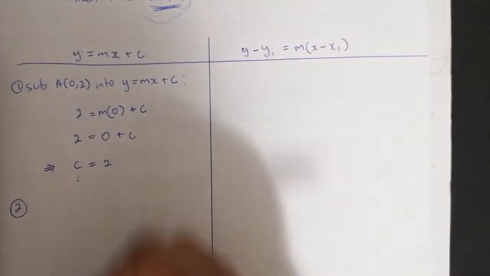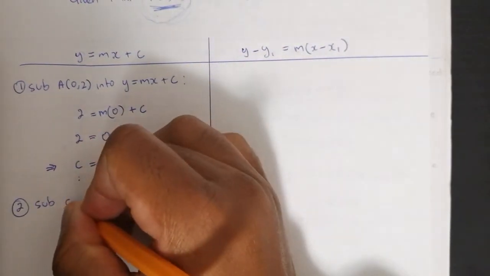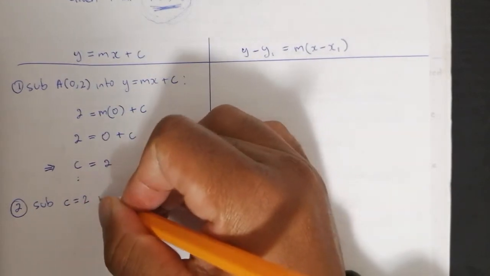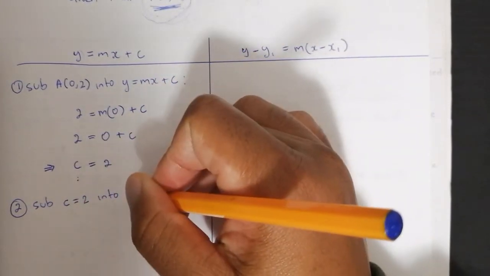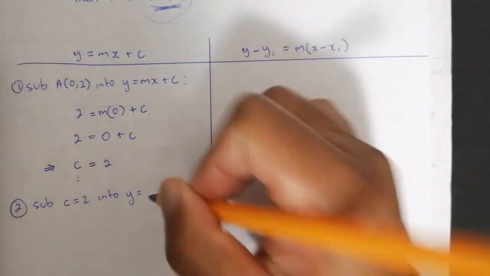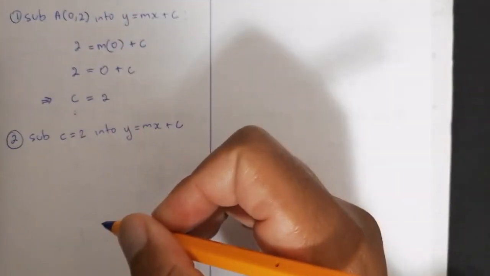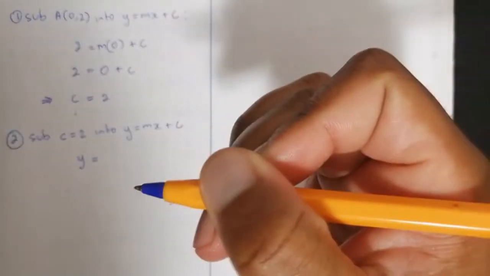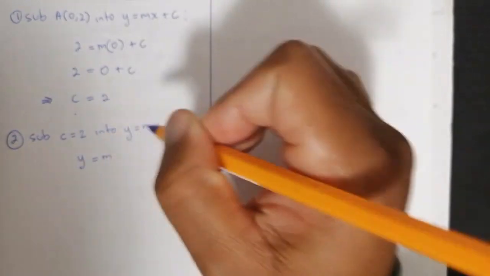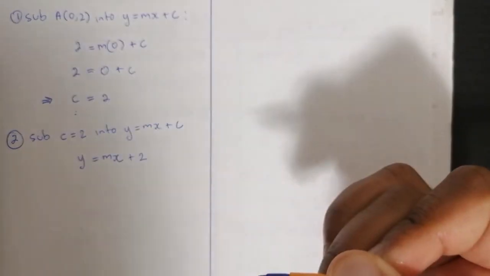So let me just firstly sub c equals 2 back into our equation. So we have 2 into y equals mx plus c, and that gives us y equals mx plus 2.